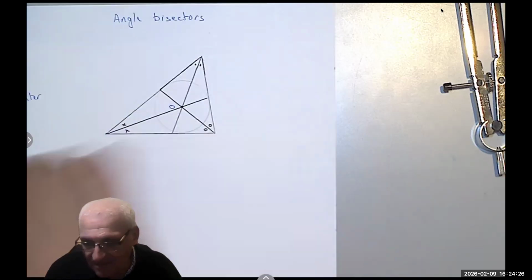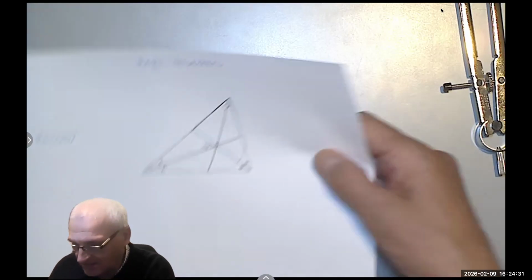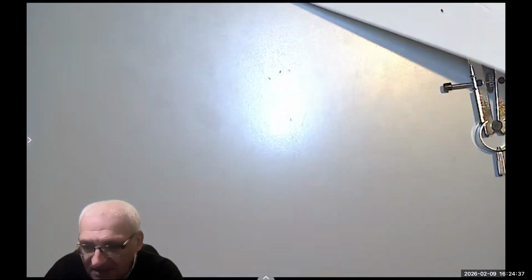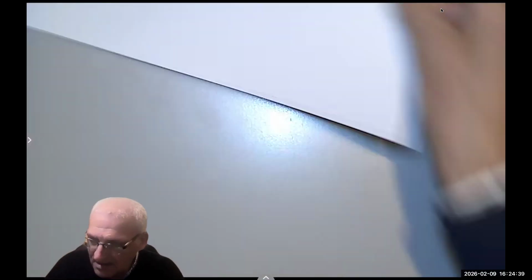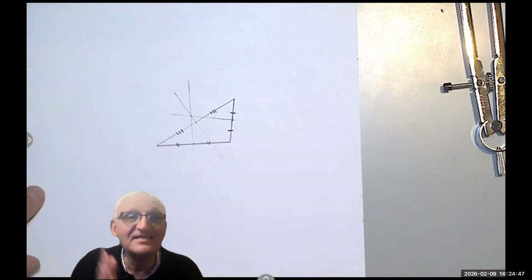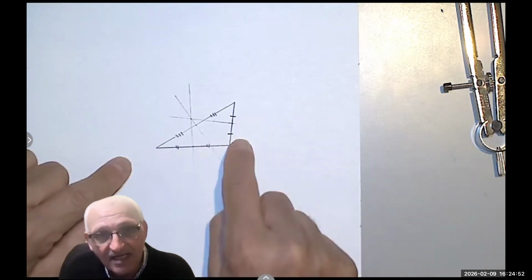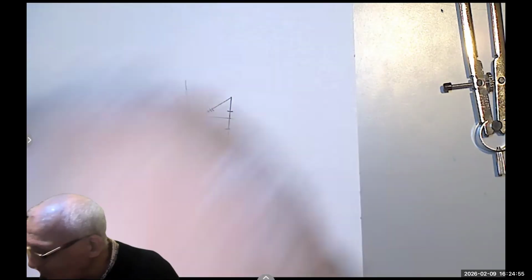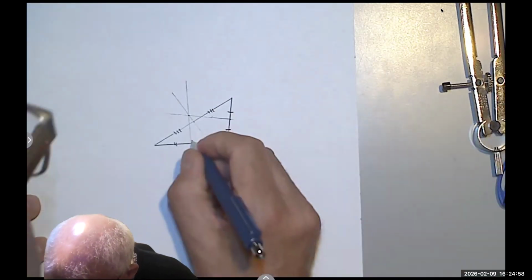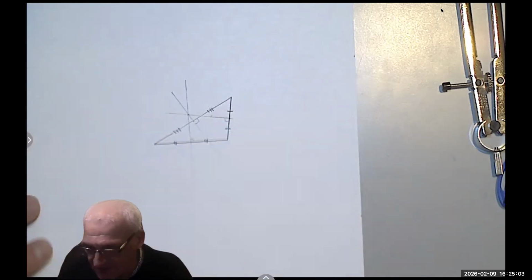Now, if you take the perpendicular bisectors, here, instead of dividing the angles into two equal parts, we divide the sides, and then we draw perpendicular lines. So this angle is 90 degrees, this angle is 90 degrees, and that angle is 90 degrees.